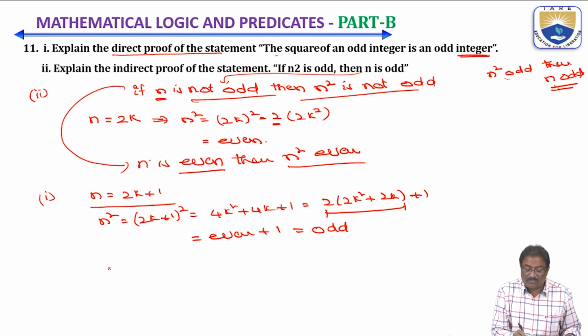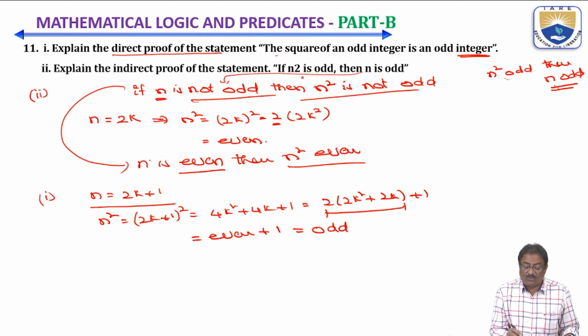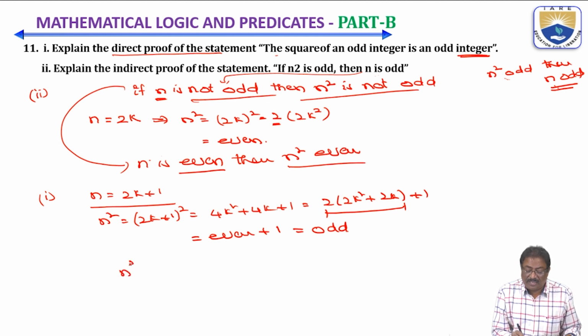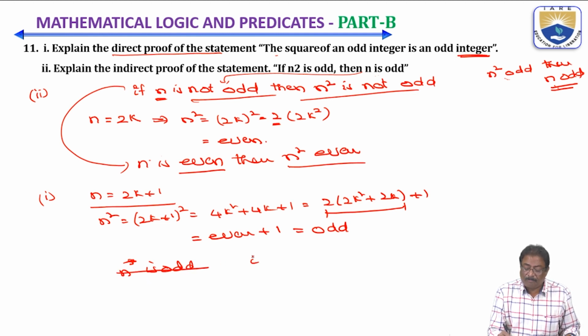So we say that n square is an odd number. Then the square of an odd integer is odd. That is, I am just taking n is odd, and the square of an odd integer is an odd number. That is, if n is odd, then n square is odd.